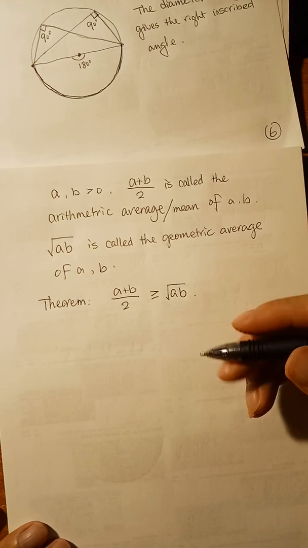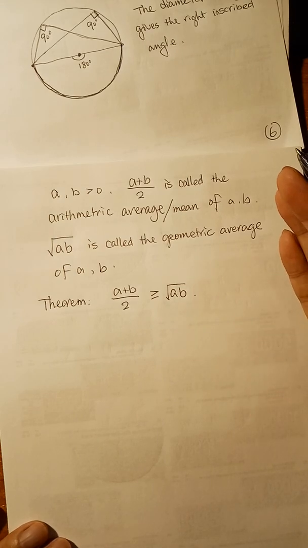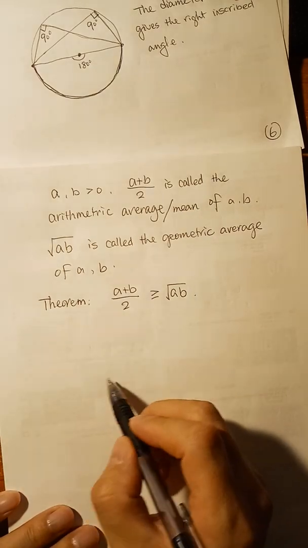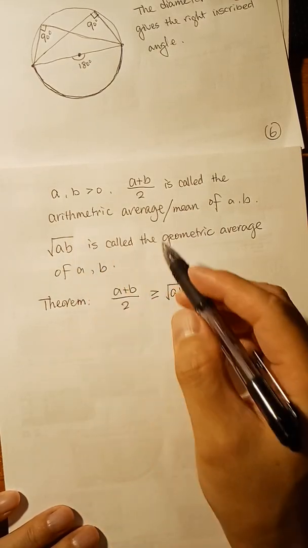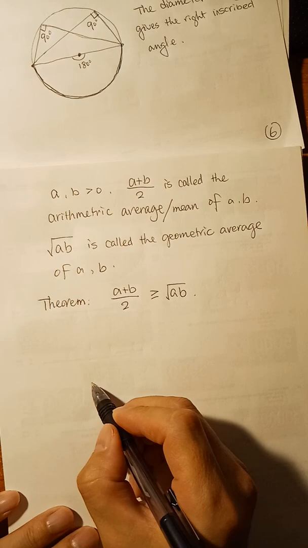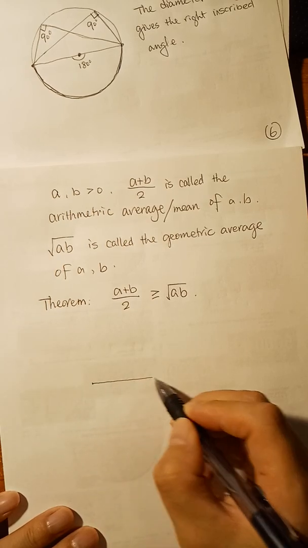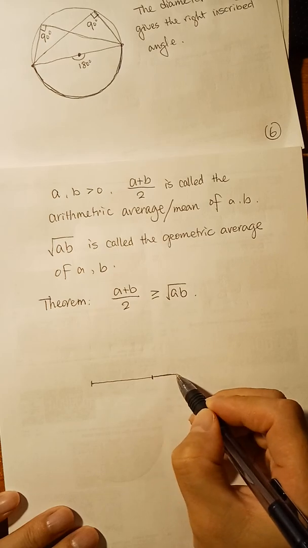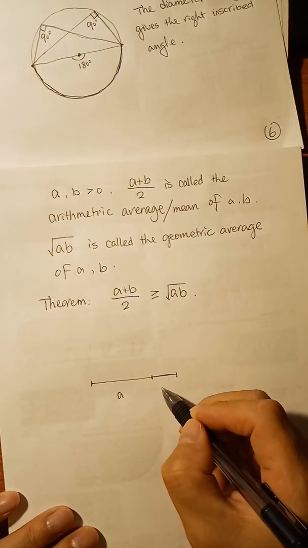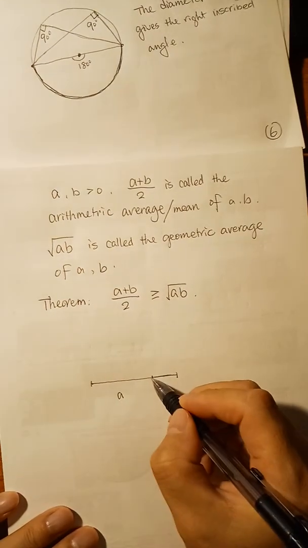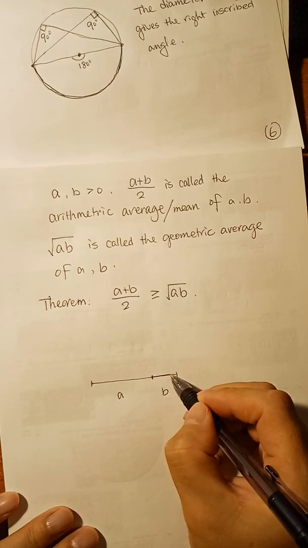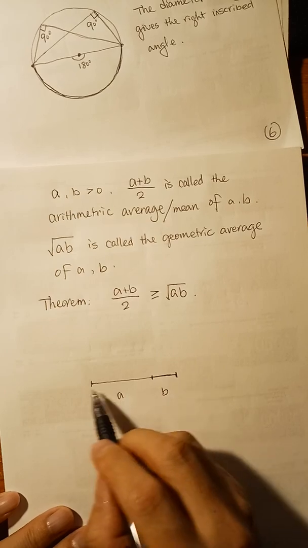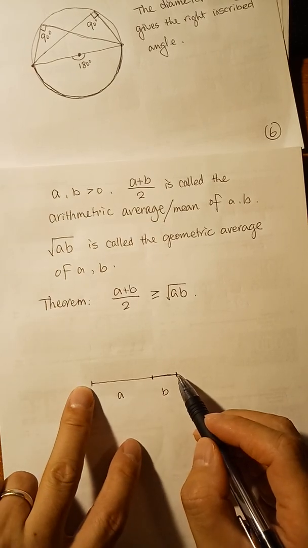By the circles we just described. Here is the case. We have A and B, they are positive, so they represent some segments. For example, this is A, and you continue to draw, you have B. They may or may not be equal, it doesn't matter. A and B together, we consider as a diameter.